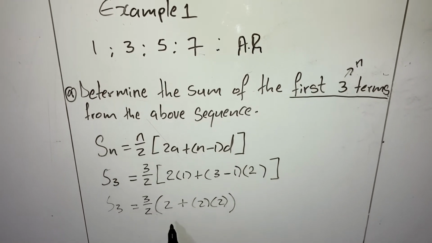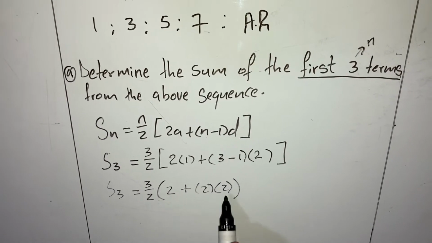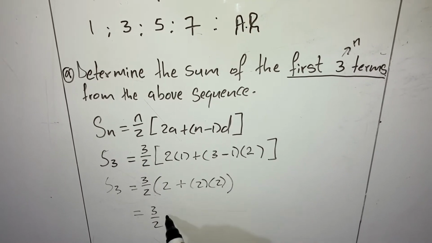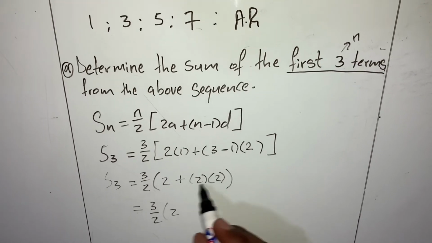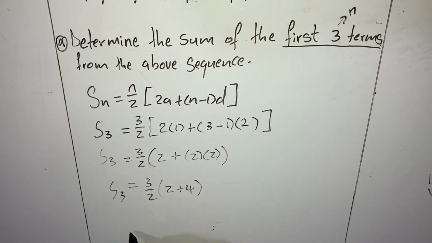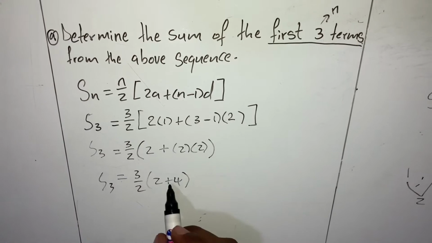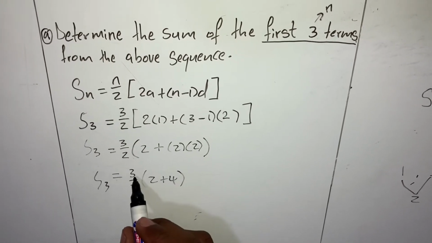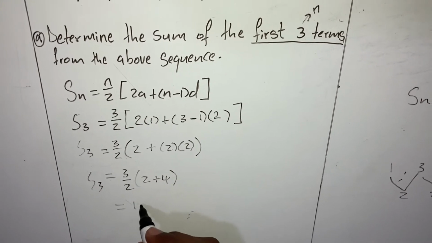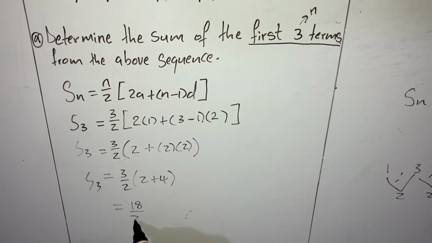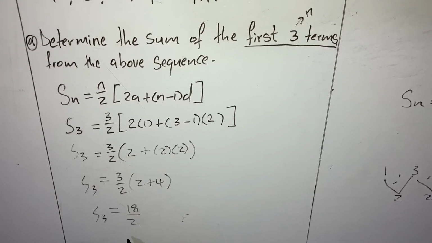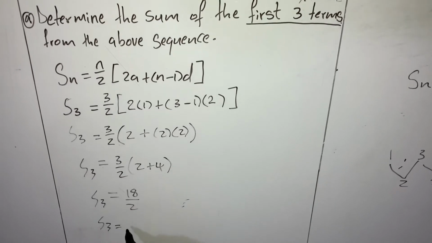Then from here, we get 3 over 2 times (2 plus 4), which is 6. 6 times 3 is 18, so you get 18 over 2. Half of 18, the sum of 3 terms, is 9.